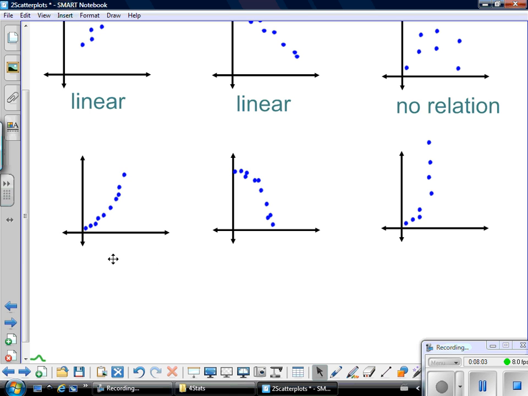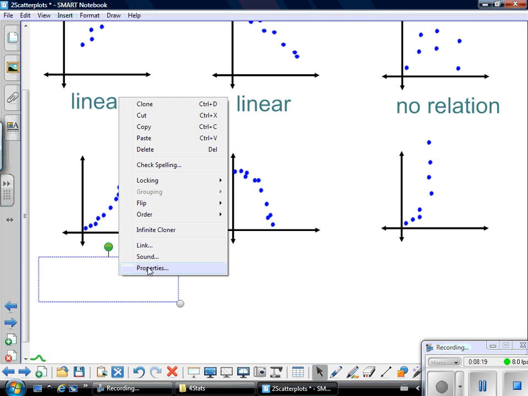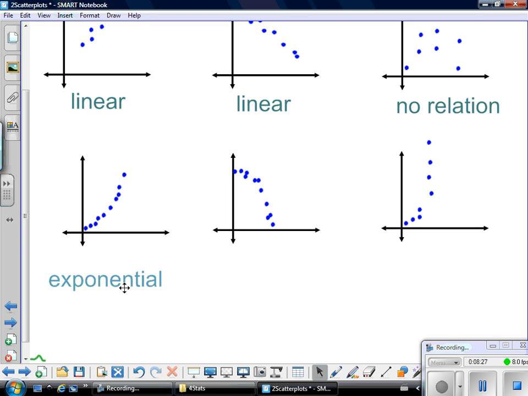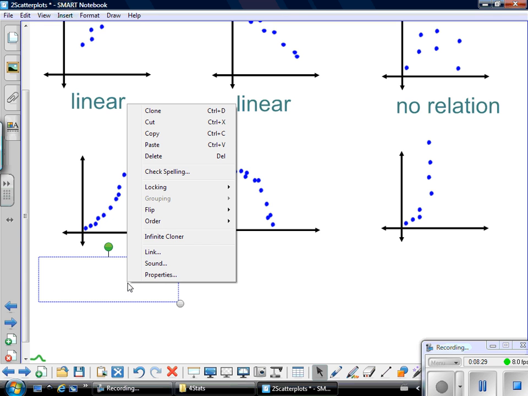And sometimes when we're just looking at a piece of the graph, it's hard to say. Now, this one here could go back up, or it could just trail along the x-axis. I'm going to say for this one, when it comes up, properties, it doesn't want to show me what it's doing. Oh, there it is. It's exponential.